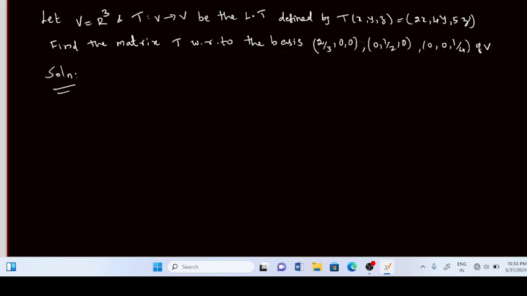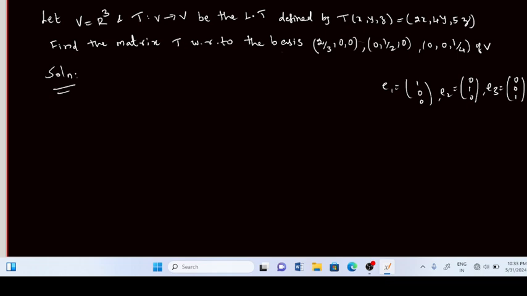For reference, the standard basis is e1 = (1, 0, 0), e2 = (0, 1, 0), e3 = (0, 0, 1). Here we have the basis E1 = (2/3, 0, 0), E2 = (0, 1/2, 0), E3 = (0, 0, 1/4).